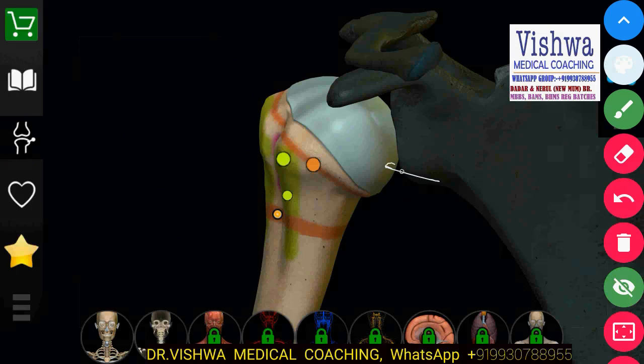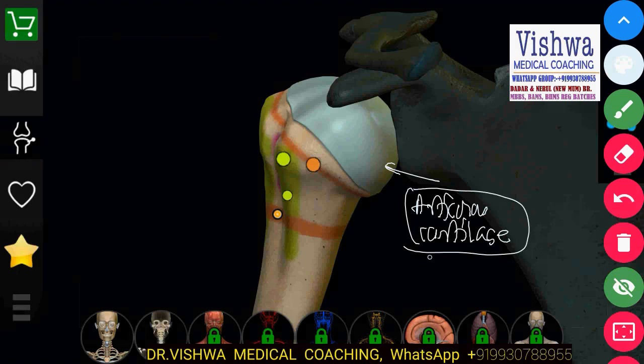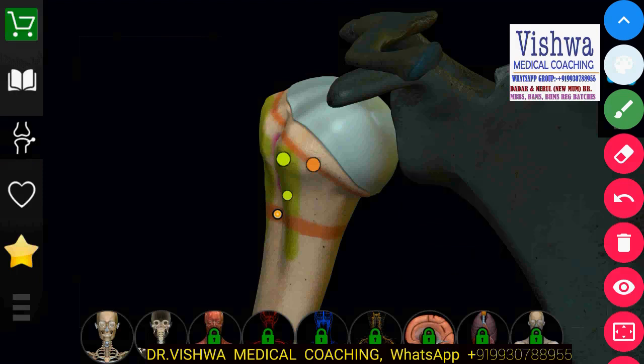What you are trying to see here is the articular cartilage, which is covering the head for lubrication. It prevents friction, for the lubrication purpose.